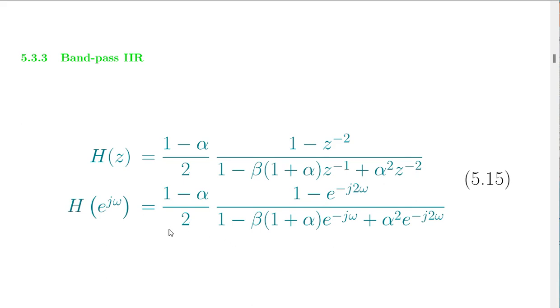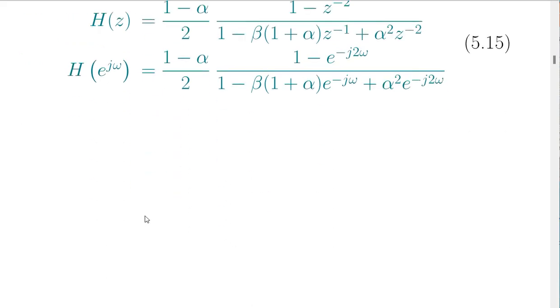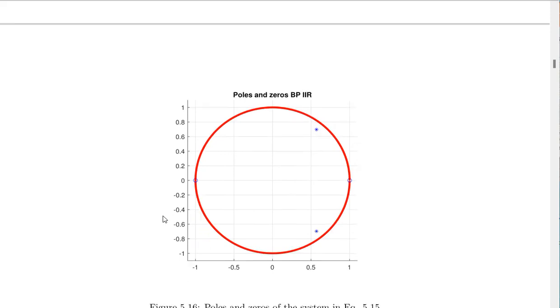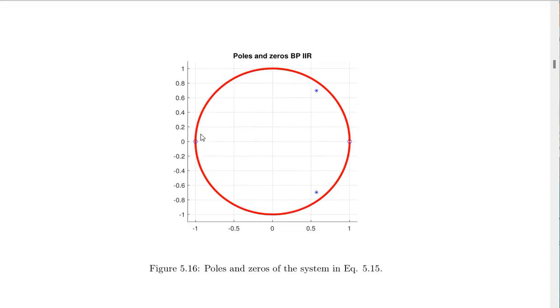You see everything in clear. Here you see two zeros located at 0 and pi, or 0 degree and 180 degree, preventing low and high frequencies to pass, but providing middle range frequency to pass.